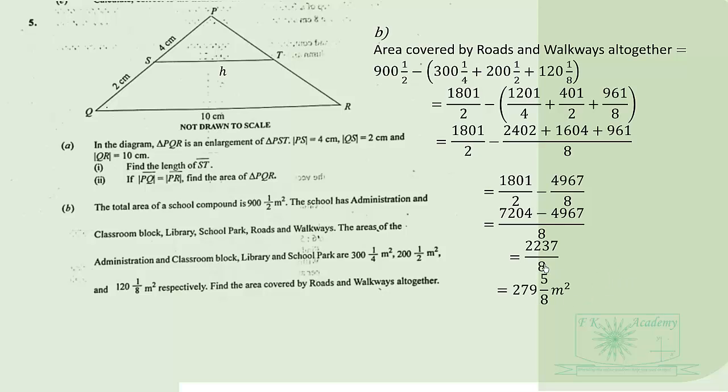Then this will give you 279 whole number 5 over 8 meters squared. Great. Anyway you do it, you get the same result and you get the same mark. But just that maybe your time and your head may go against you. So let's go to the final question of this paper.